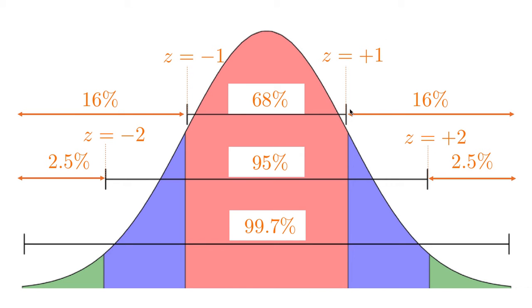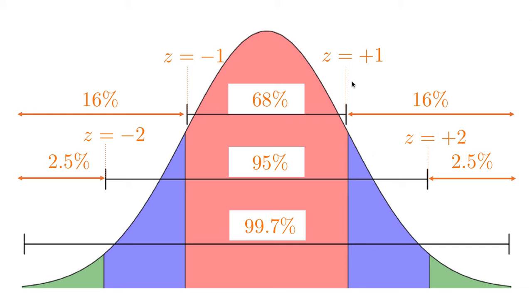How much is above a z-score of +1? Also 16%. How much is below a z-score of 1? Well, a z-score of 1 is here, so you get this 68% plus another 16%. So 84% of the data is below a z-score of 1.